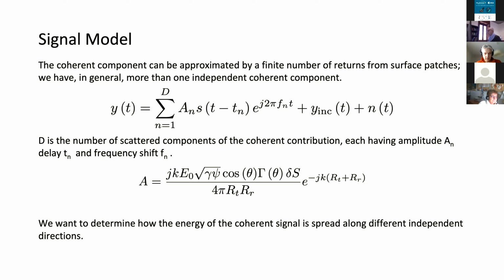It also depends on surface roughness as well as on Fresnel coefficient, on incidence angle, distances, and on the phase. So essentially we may have more than one coherent component plus an additional incoherent component plus thermal noise. This is the main model that we consider in this approach.